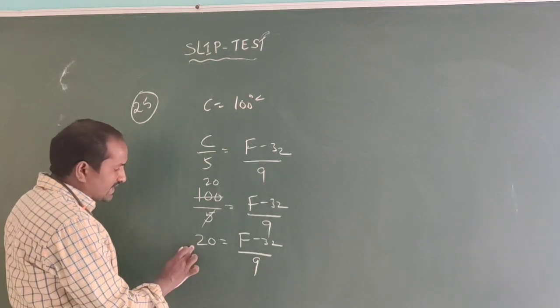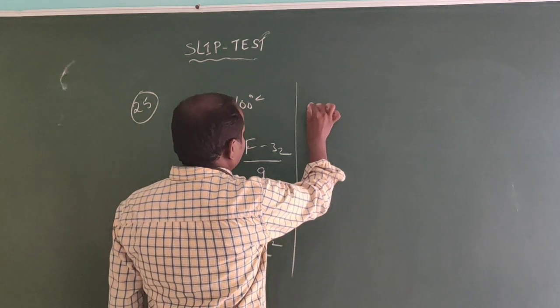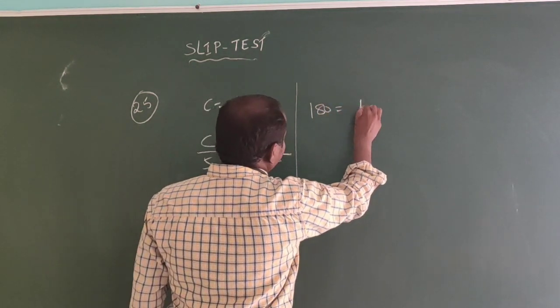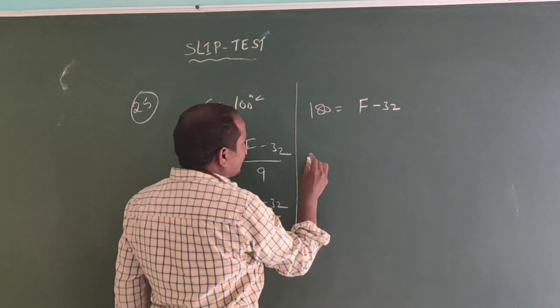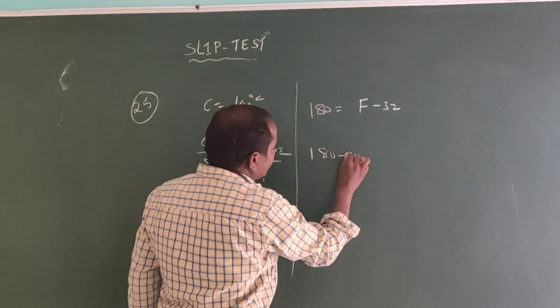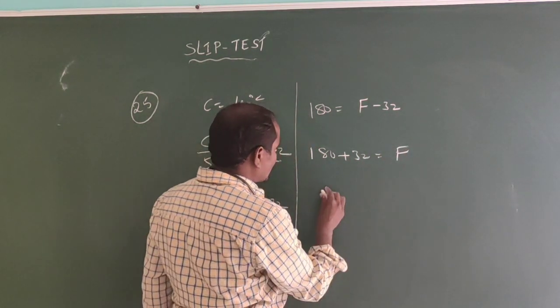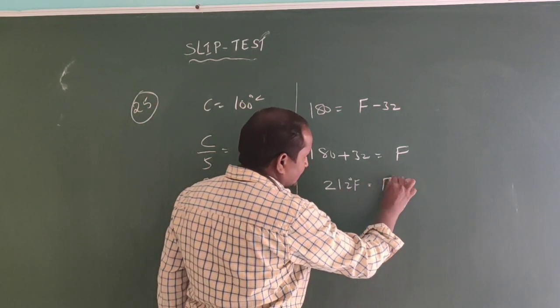Doing cross multiplication, 9 into 20 equals 180. So 180 is equal to F minus 32. Minus 32 coming to this side becomes plus, so 180 plus 32 equal to F, that equals 212 degree Fahrenheit.